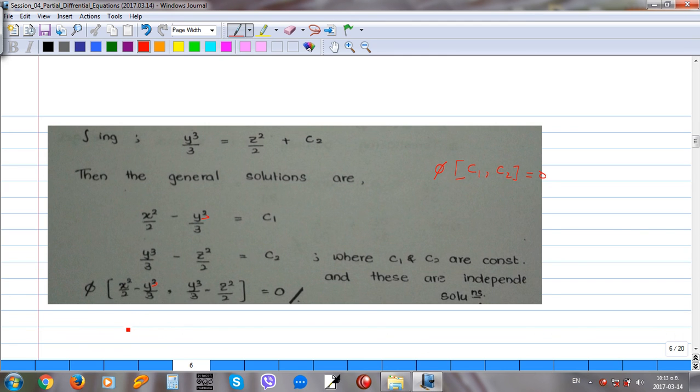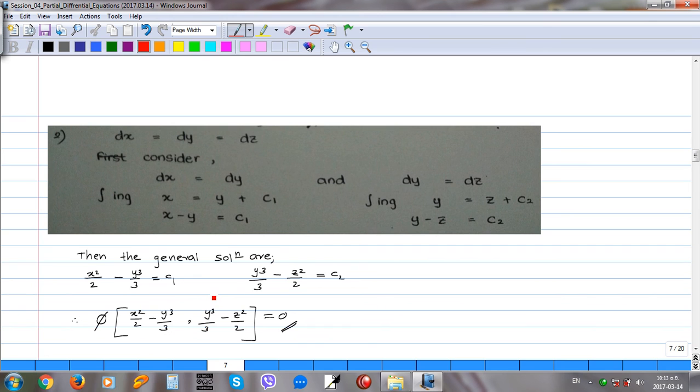You have to write that also. Phi should be an arbitrary function.